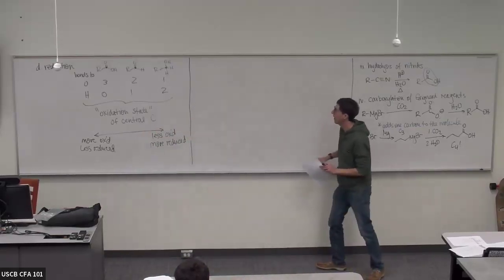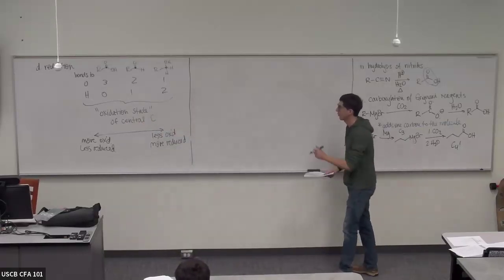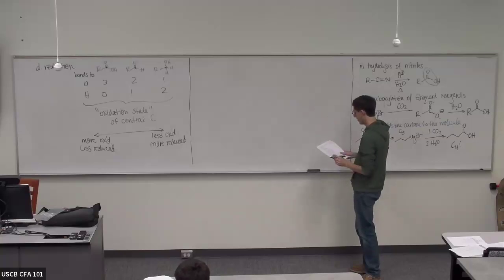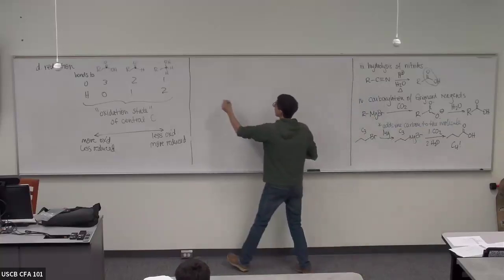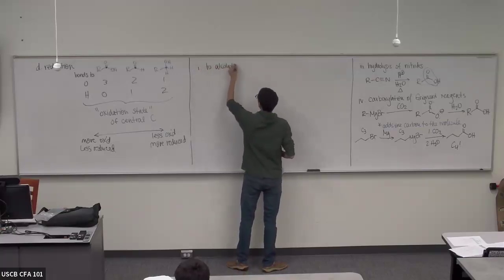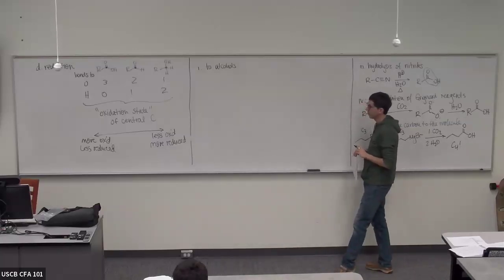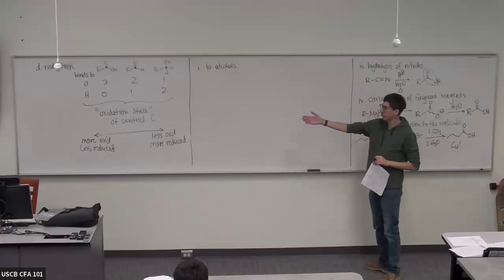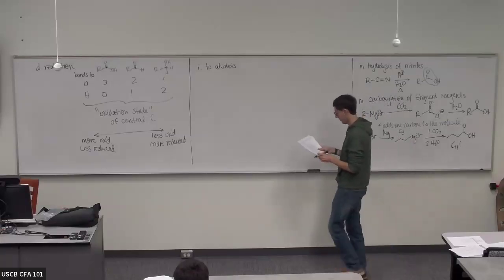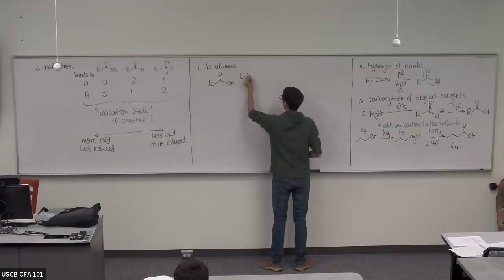Okay, so reduction. How do we go this way? Increased reduction going from carboxylic acid to aldehyde to alcohol. Going all the way to the alcohol is the easiest because we can use a very strong reagent and just push it all the way to the right. And we use for that lithium aluminum hydride.